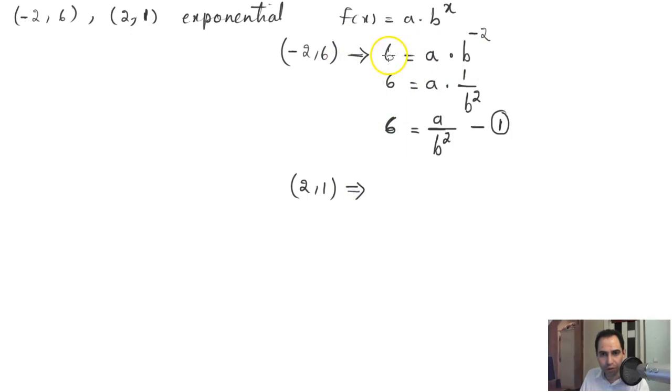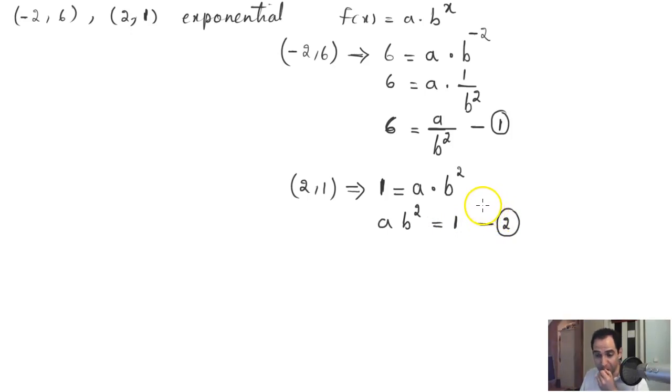Based on this, you can write f of x, which is 1 here, is equal to a, I don't know what a is, I don't know what b is, but I know that x is equal to 2 here. So that basically means that a b squared is equal to 1. So this is equation number 2.